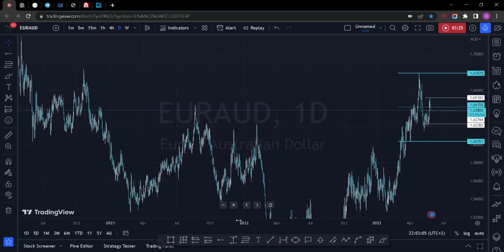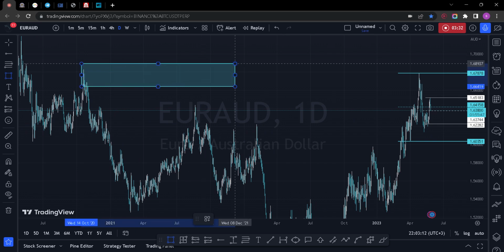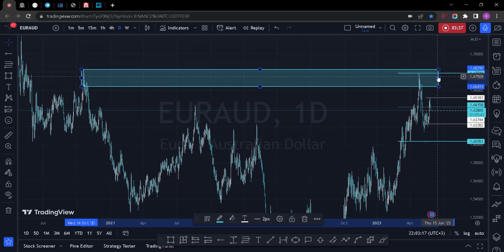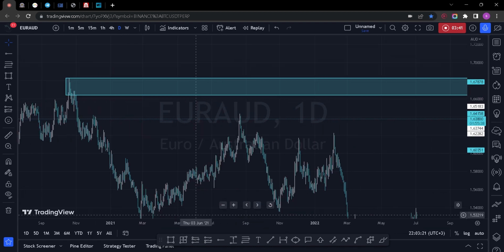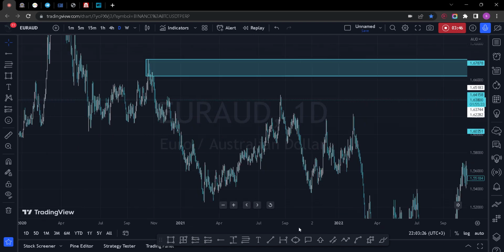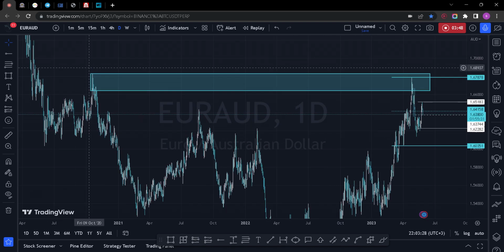So as you can see right here, we have this daily order block that extends all the way there. So here it is. Since price fell from here, it hasn't revisited the order block, as we can see.